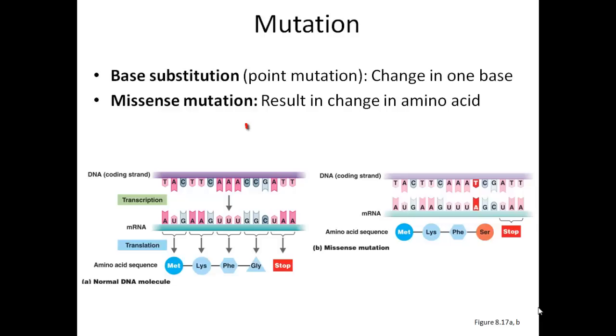In this example from your book, a cytosine is changed to a thymine. While the pattern of nucleotides in the original piece of DNA encoded a protein consisting of methionine, lysine, phenylalanine, and glycine, the altered DNA generates the amino acid sequence methionine, lysine, phenylalanine, and serine.